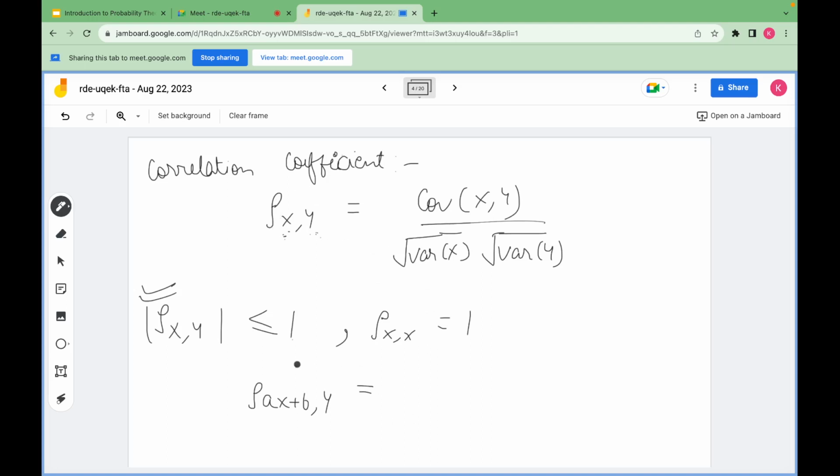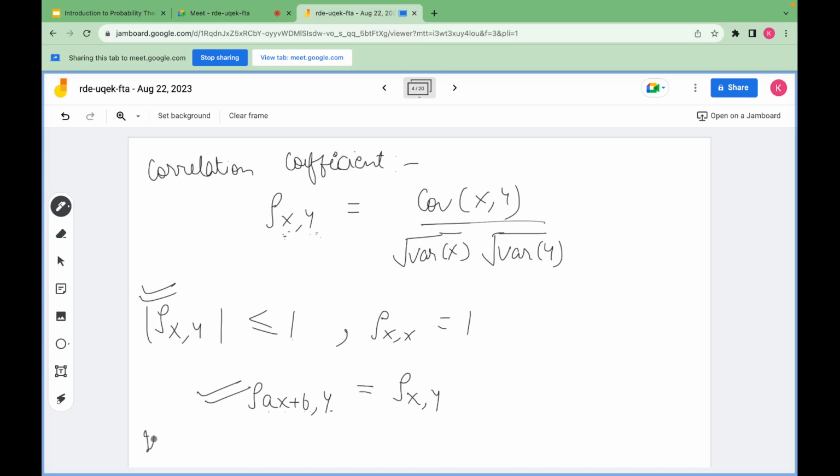And the correlation coefficient between the random variable aX plus b comma Y, where a and b are constants, is nothing but the correlation coefficient between X comma Y. This can be proved easily. I am not including the proof for this because we will solve some questions and then we will see how these two terms are equal.